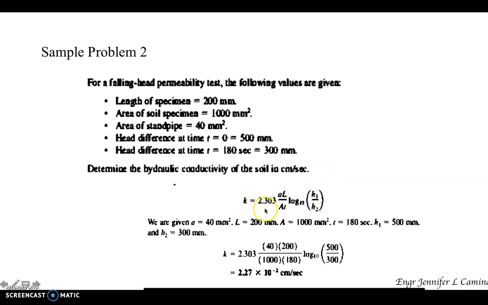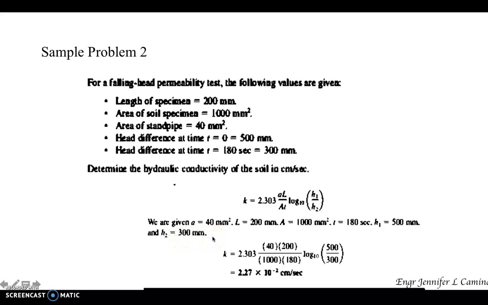Our equation is this one, so that we can compute our K. We have to identify our a, which is 40 mm squared, the area of the standpipe, our L, which is 200 mm, the length of the specimen, our A, the area of the soil specimen, is 1000 mm squared, our t is 80 seconds, and our h1 is 500 mm, and our h2 is 300 mm.